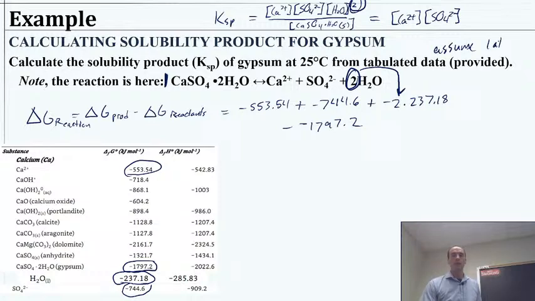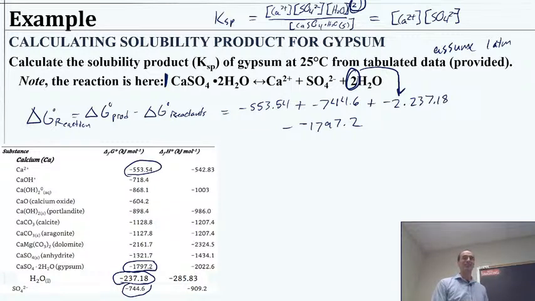If we weren't given that, that makes it so that we're at standard conditions. Okay, so that means we can use delta G standard here and just say we're going to solve this for that scenario. So in that case, we take the products, which were calcium, sulfate, and water, not hydrogen peroxide.